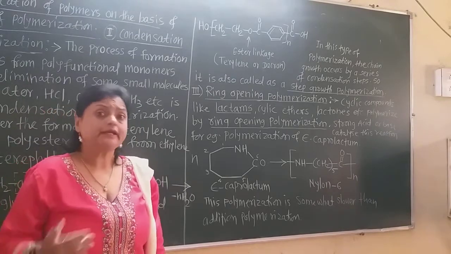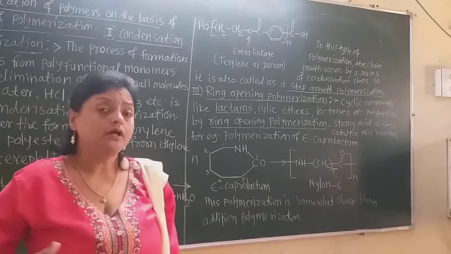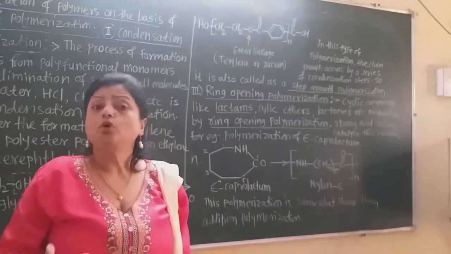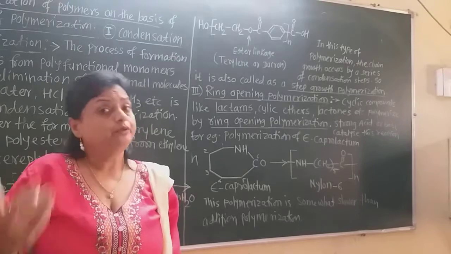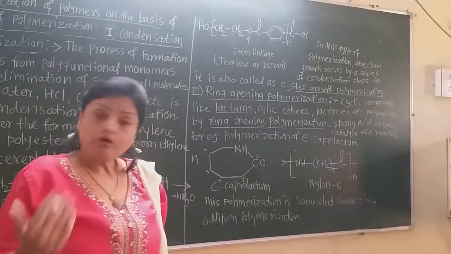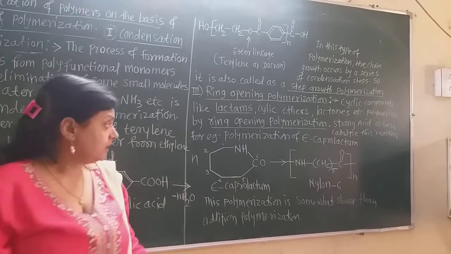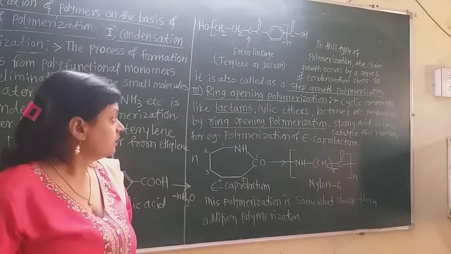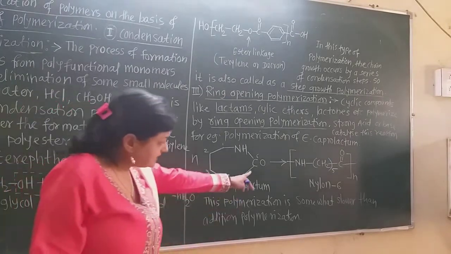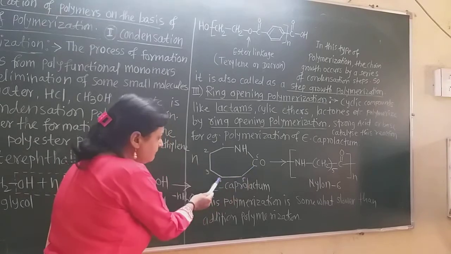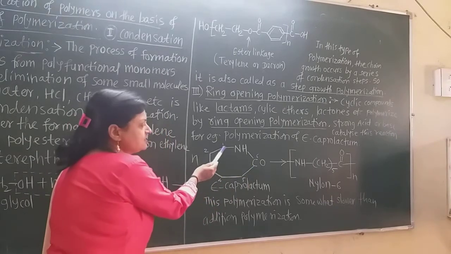Actually this epsilon caprolactam is formed from omega amino hexanoic acid. Omega amino means, after the carbonyl carbon, the next carbons are alpha, beta, gamma, delta, and this is omega.